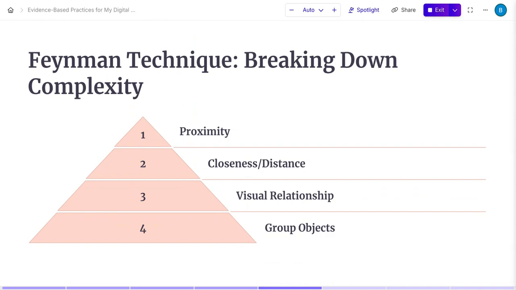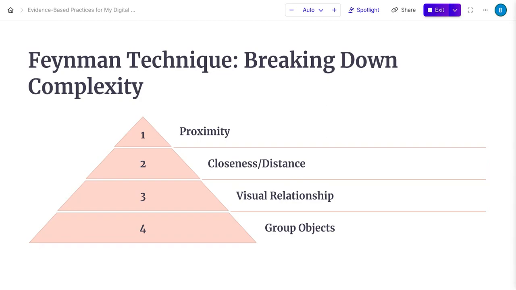So I simplify my explanation using visual cues to help my students learn this word, because proximity is a bit of an advanced word for my students, because their first language is not English.